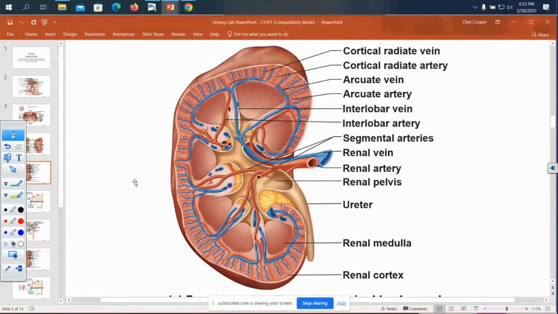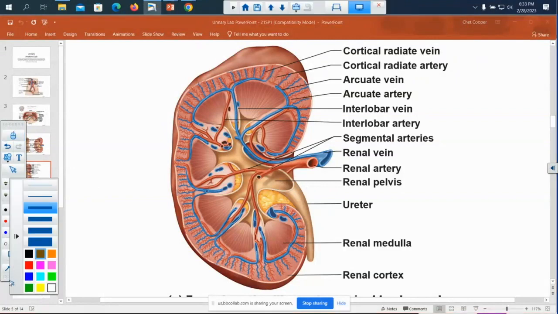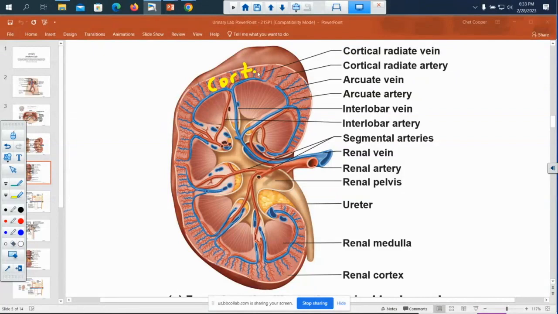And so if you want that picture, here's what I'll write on it. Where the cortex is, that's where the nephrons are. Okay? The nephrons are in the cortex. And that is what we will see next.